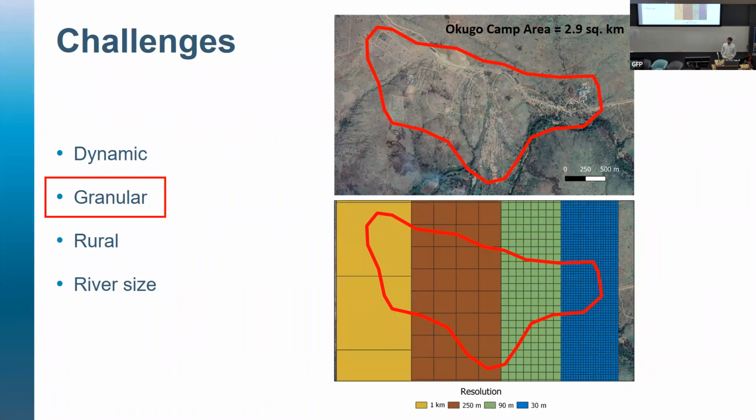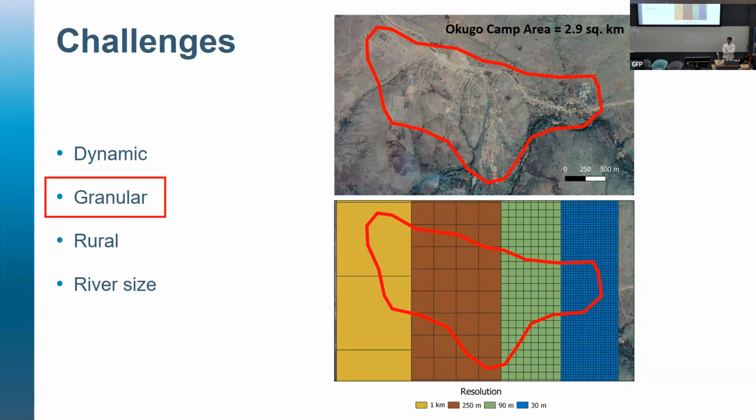The camps in Ethiopia range in size from 1 square kilometer to 9 square kilometers. On the slide, you can see the medium-sized camp of Hugo at roughly 3 square kilometers. And on the bottom of the slide, you can see the different grid resolutions of global data sets. You can see that global population maps and global flood maps at 1 kilometer resolution are really going to be too coarse to properly assess the flood exposure of these camps.